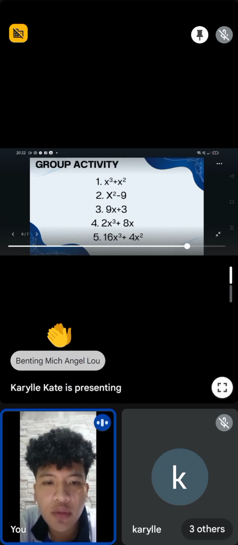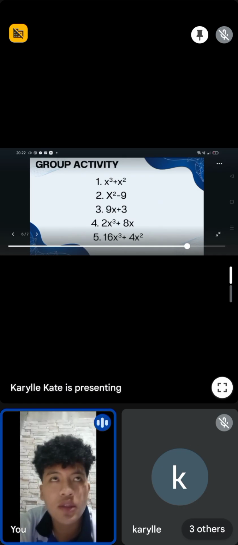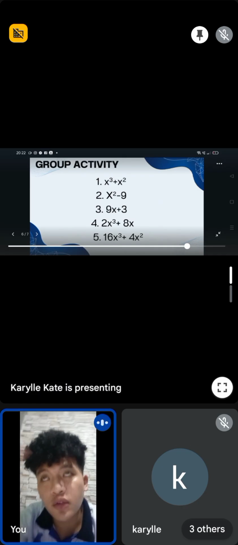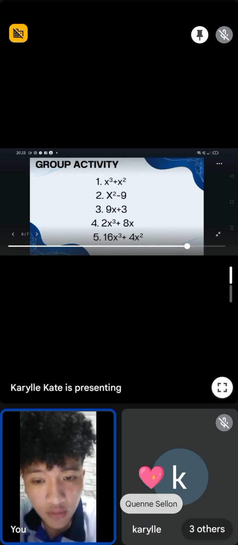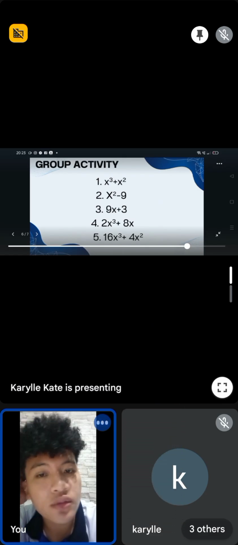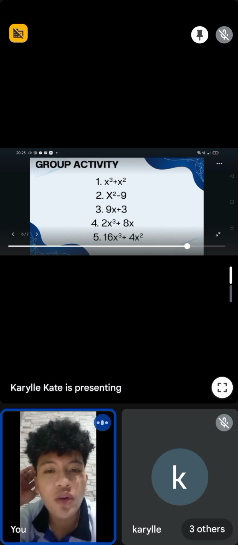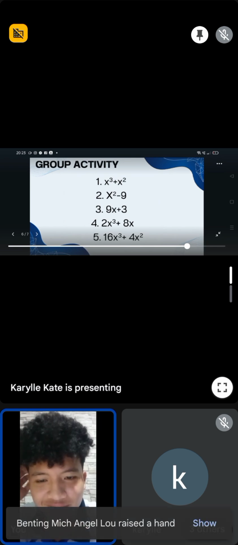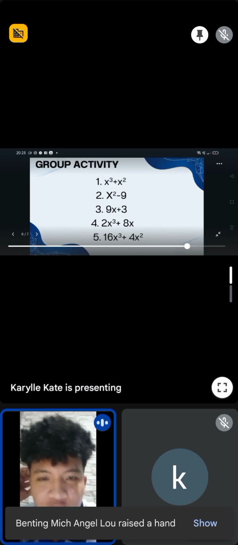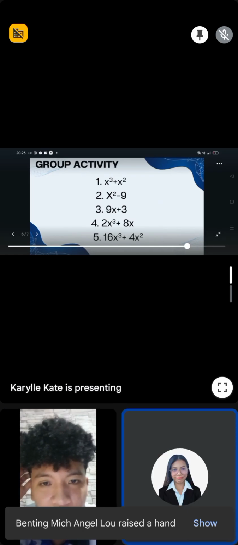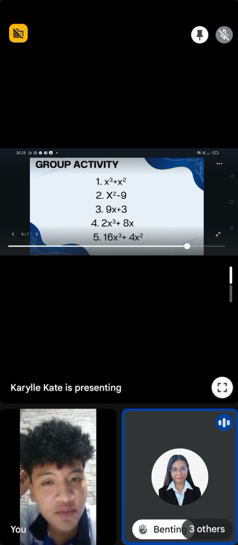So number 3 will decide who will be the winning group. So let's proceed directly to number 3. So 9x plus 3. 1, 2, 3. Okay, so Miss Binting, you're raising your hand. So number 3, 9x plus 3.